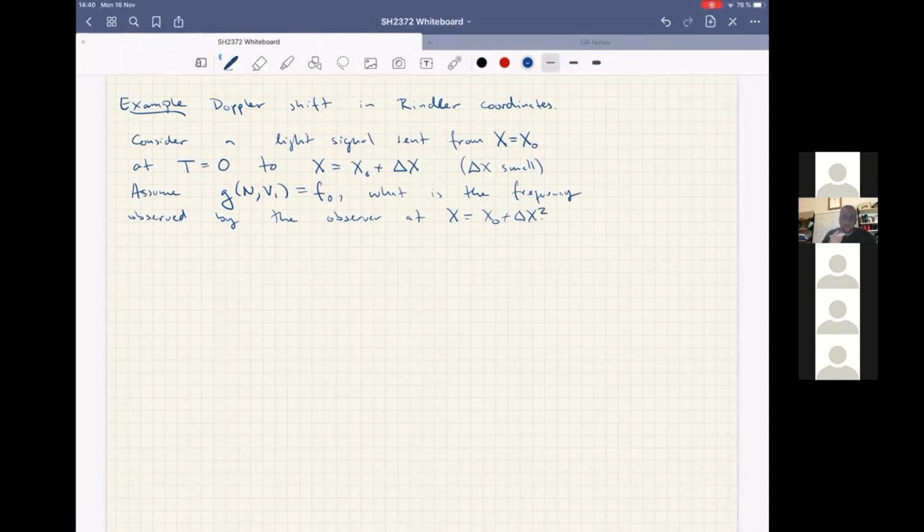So the first thing to note is that we're now working in two-dimensional Minkowski space with Rindler coordinates. So we know that any four-vector can be described, in particular n then, as some component before the dt and some component before the dx.